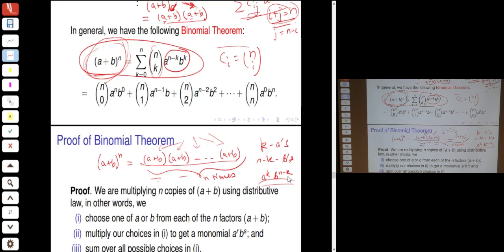There are n brackets, and you want to choose k of those brackets for picking A. How many ways are there of choosing k objects out of n objects? That is, n choose k.